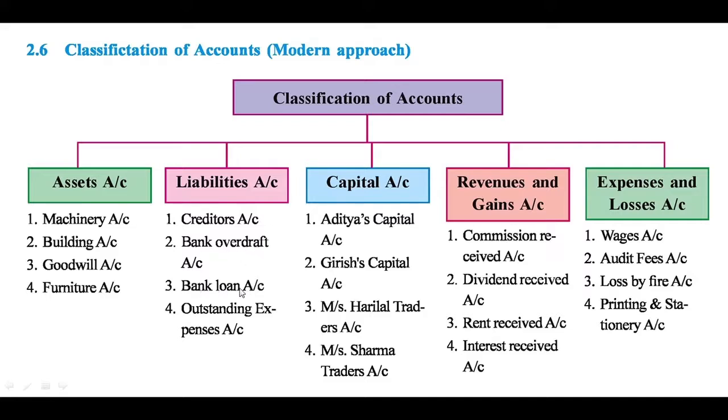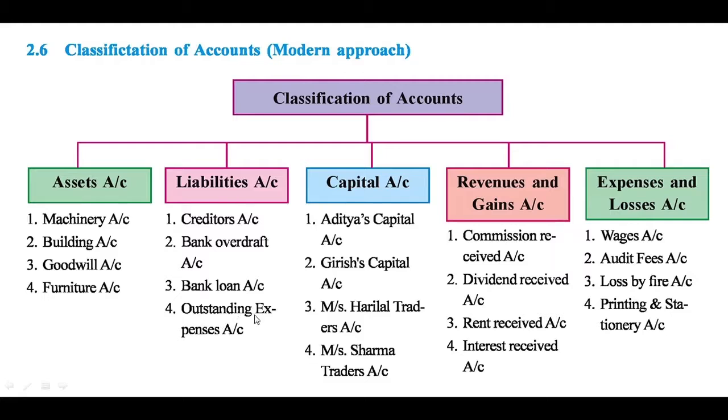Then the bank loan account, the loan borrowed by the businessman from the bank. Then the outstanding expenses. Meaning of outstanding expenses is these expenses are due for the current accounting period, but they are not paid by the businessman. For example, salary is payable to the employees for 12 months, but due to financial crisis, the owner of the business has paid only 8 months salary.